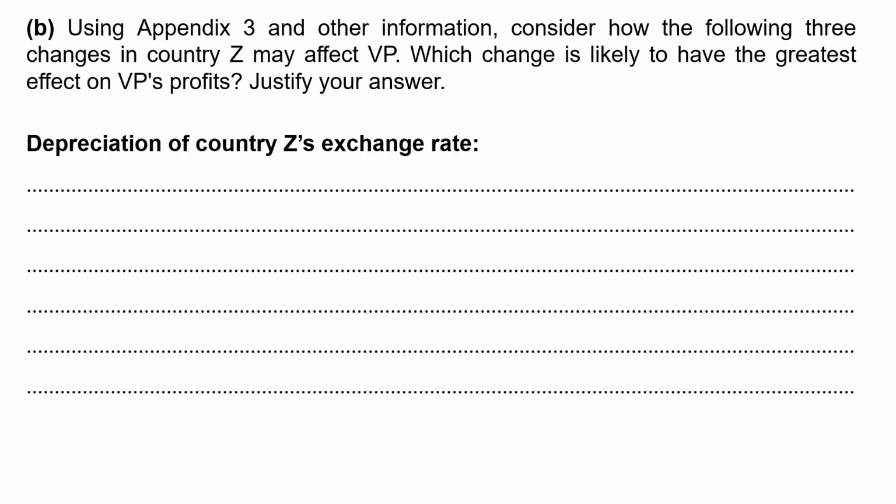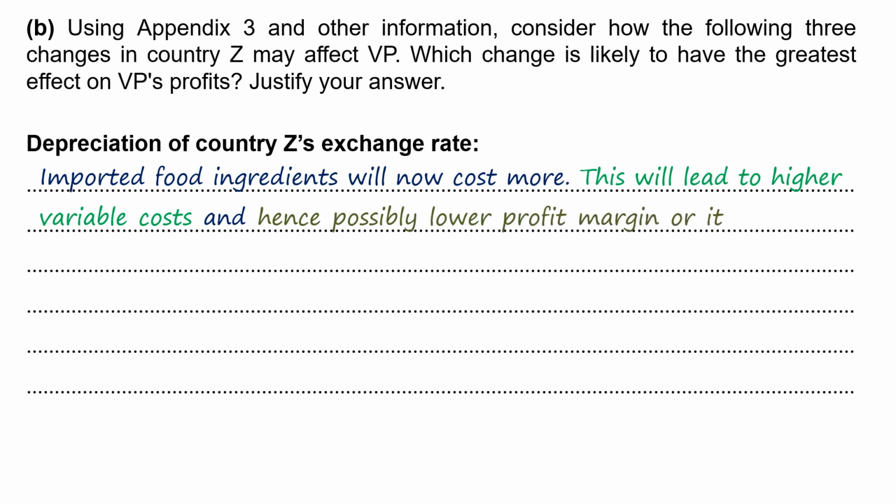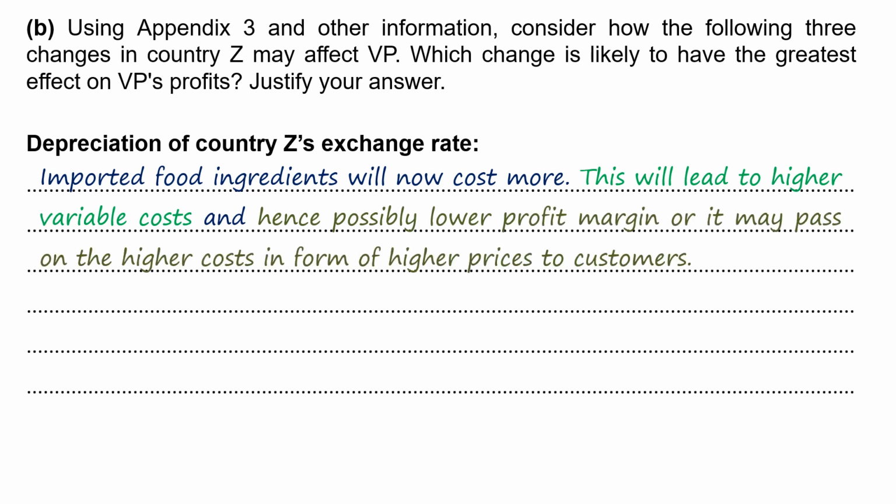All right. The second part is depreciation of country Z's exchange rate. Imported food or ingredients will now cost more. What will happen? This will lead to higher variable costs and hence possibly lower profit margin, or it may pass on the higher costs in the form of higher prices to customers.